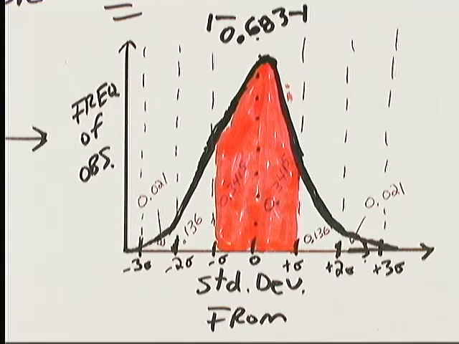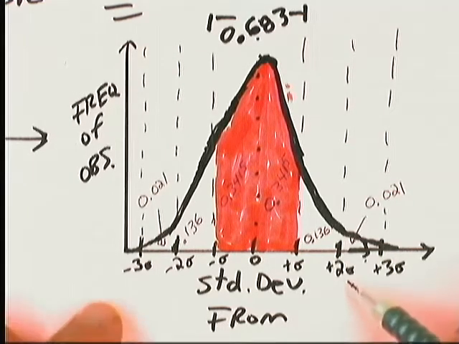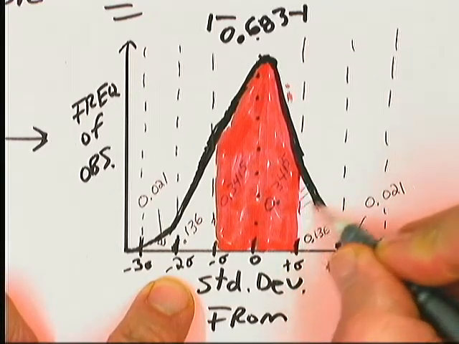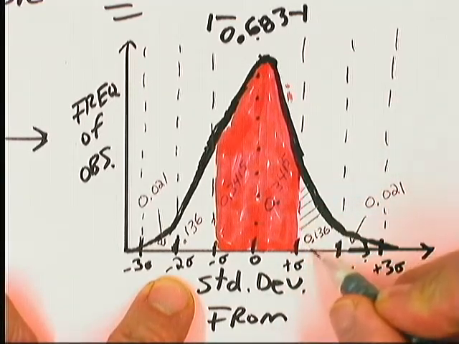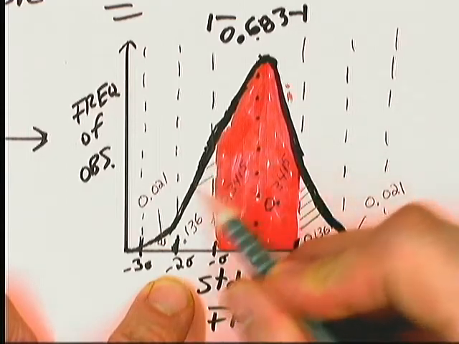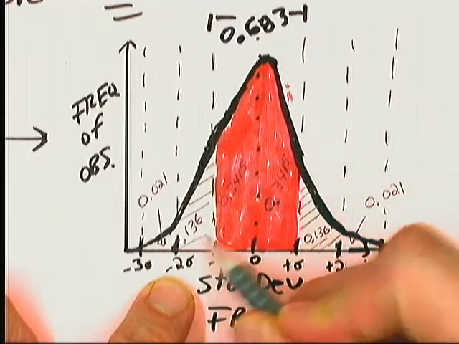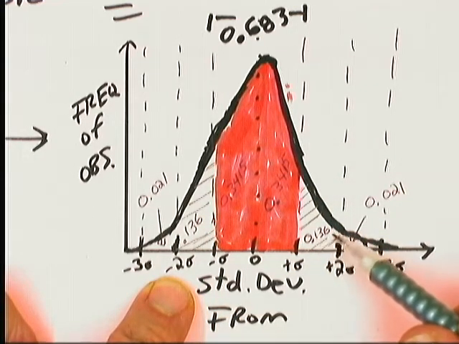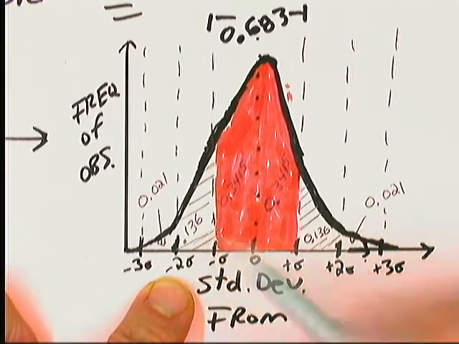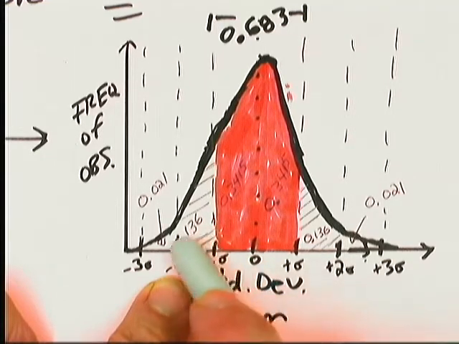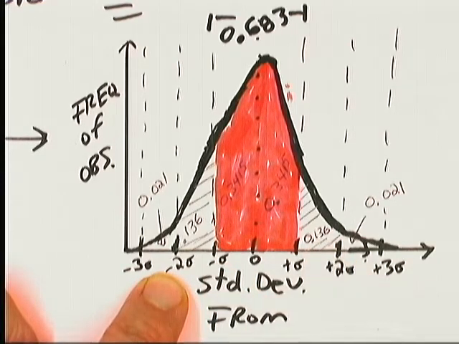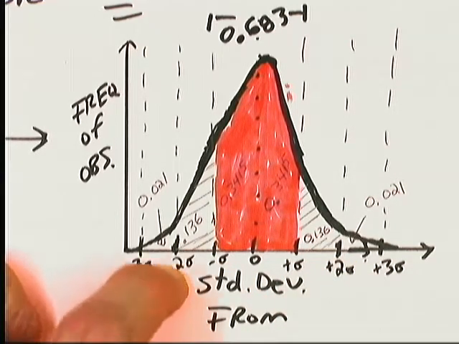But let's extend this range out a little bit further now to plus 2 or minus 2 standard deviations from the mean. I'm going to try to shade that in with this pencil here, okay? I hope you can read the number that I wrote in the box there. It's 0.136 and 0.136. So about 13.6% of all data would lie in this range between minus 1 and minus 2 sigma, and another 13.6% of points would lie in this range.